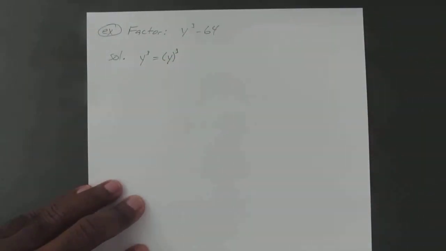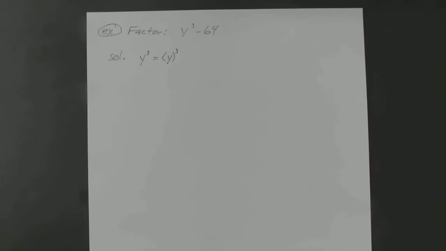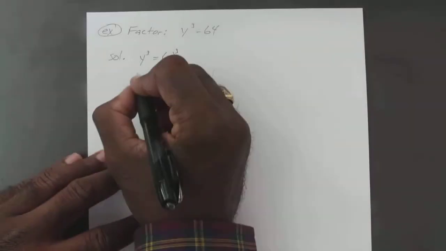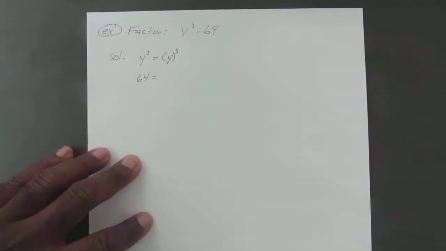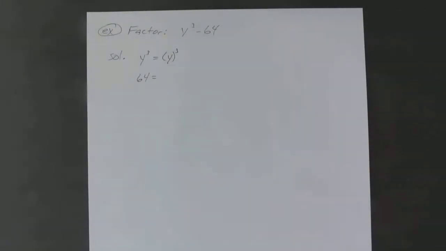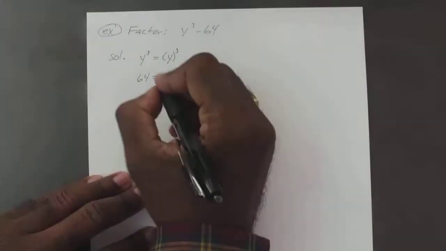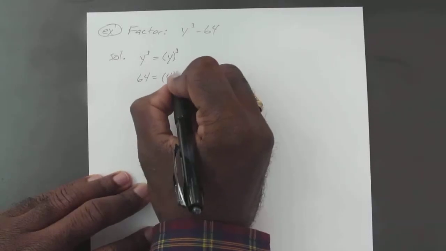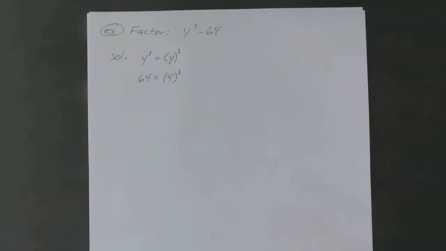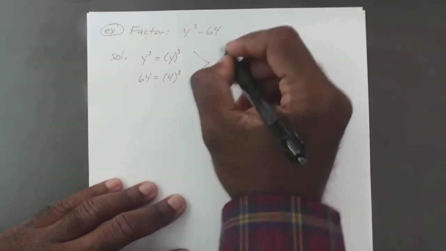You don't have to put the parentheses, but I found that it helps a little bit. And 64 is actually equal to 4 times 4 times 4, which is 4 to the third. So we know that both are perfect cubes.